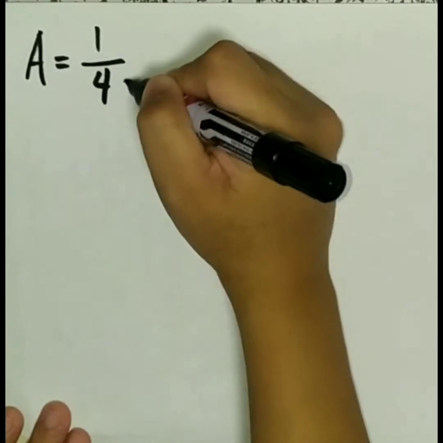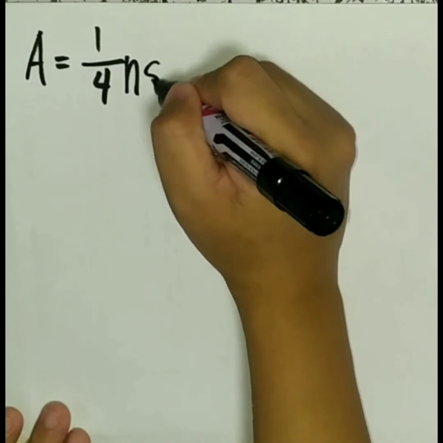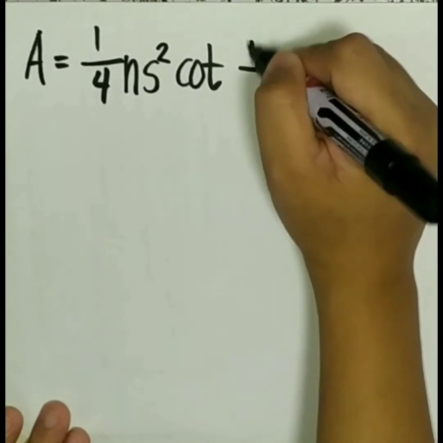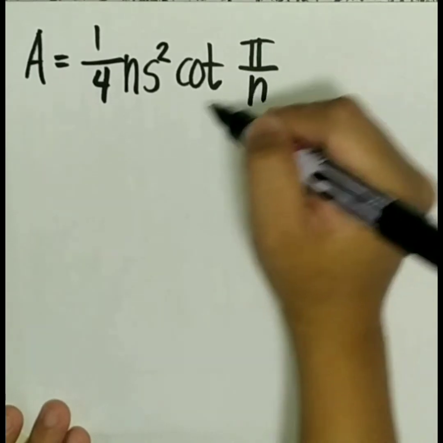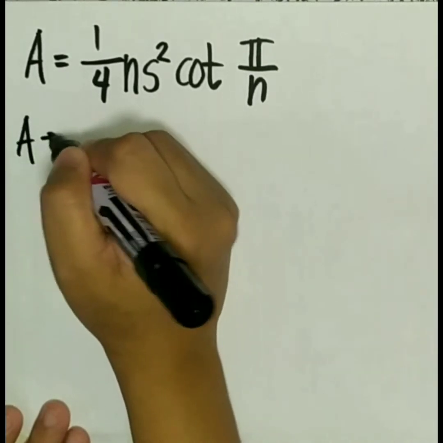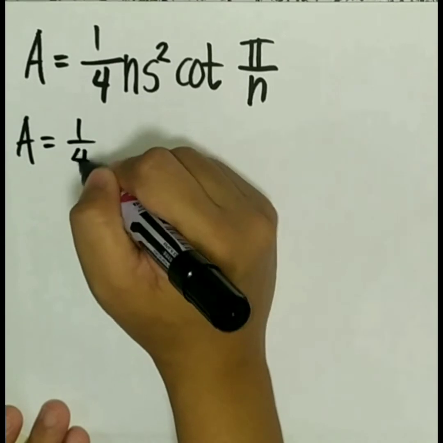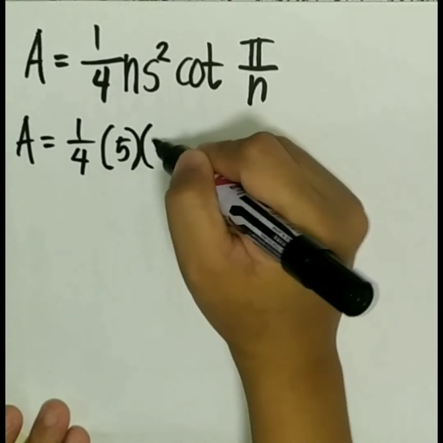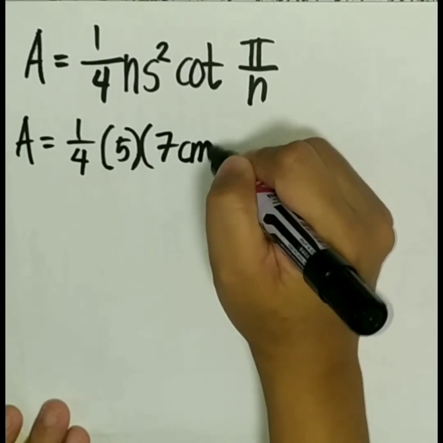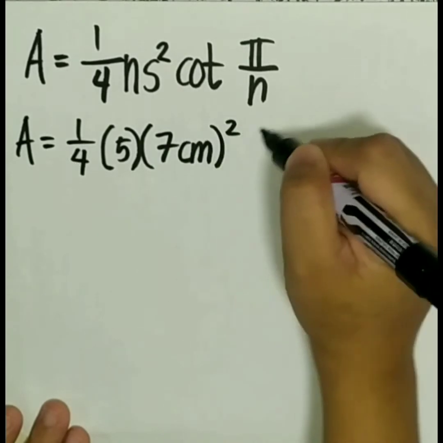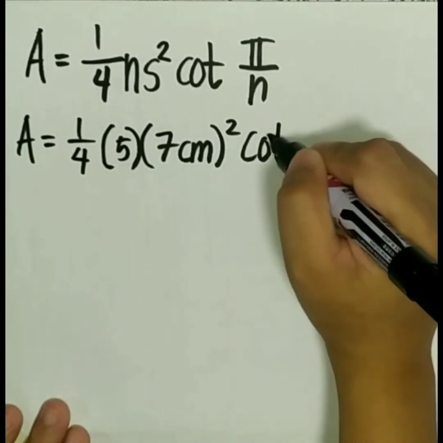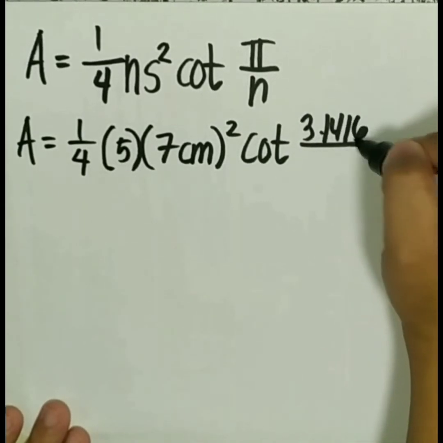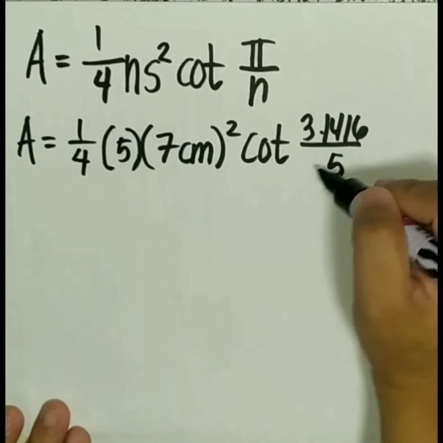Next is for the area. We have the formula 1/4 times n s squared cotangent pi over n. Let us substitute the given. Area is equal to 1/4 times 5, which is the number of sides of a pentagon, times 7 centimeters squared, cotangent of pi, which is 3.1416, divided by 5.